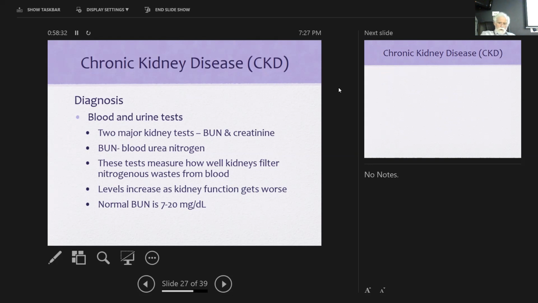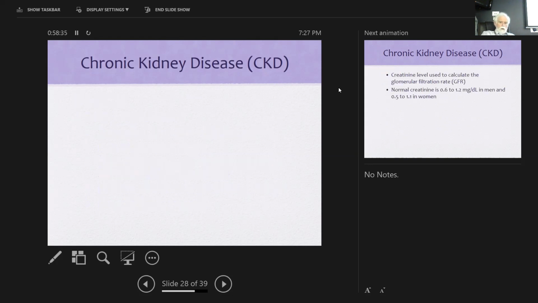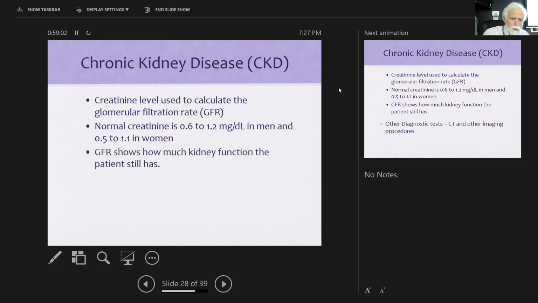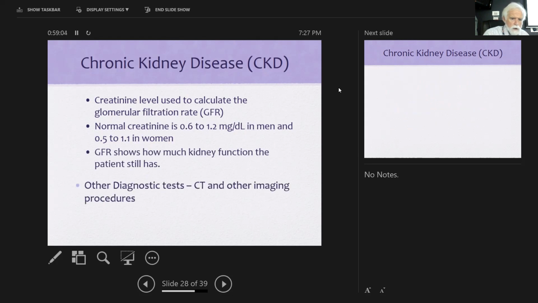Another one is the creatinine test, and the creatinine level is what we call a surrogate measure because it's not direct. The creatinine level tells us about how well the glomerula are working. Normally the creatinine levels are 0.6 to 1.2 in men and a little bit less in women. And it shows how much kidney function the patient still has.